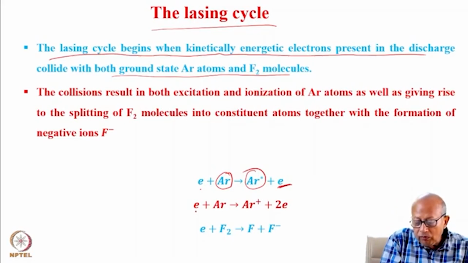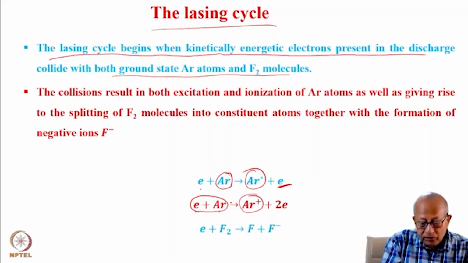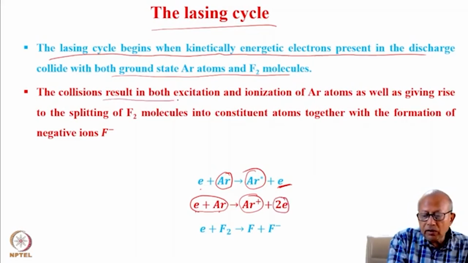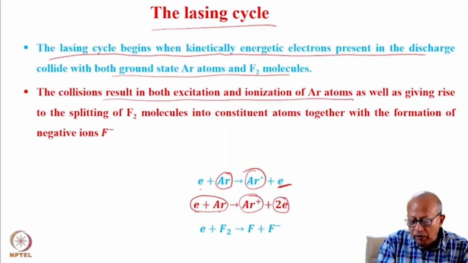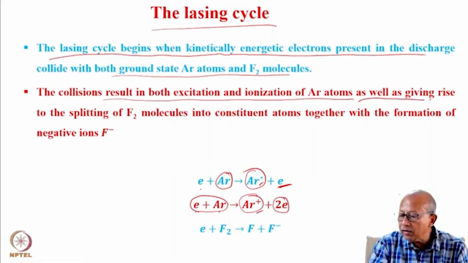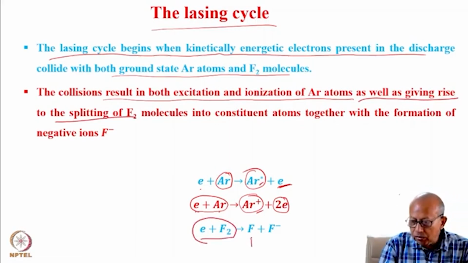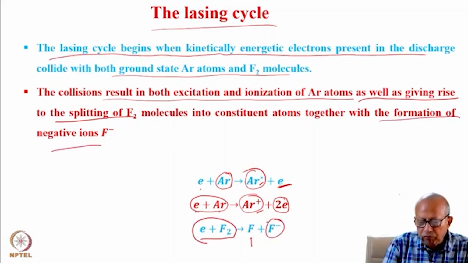The electron can also ionize this argon, so an argon ion will be created in the discharge, and you will have two electrons. The collision results in both excitation and ionization of argon atoms, as well as giving rise to the splitting of fluorine into constituent atoms together with the formation of the negative ion of fluorine.